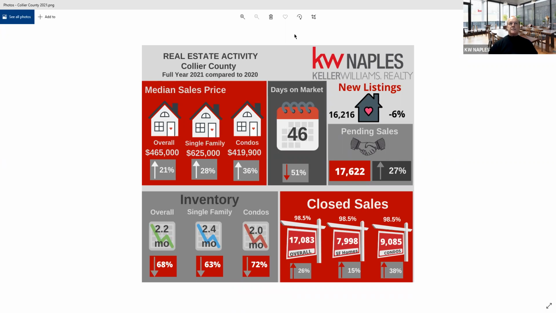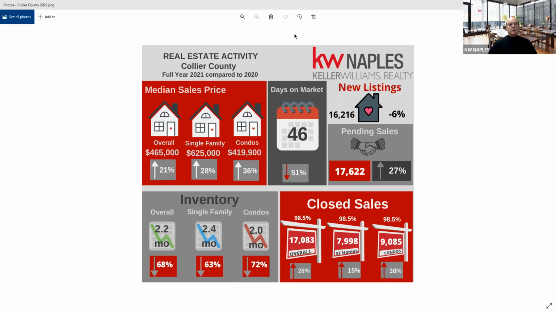So when you see prices going up like this, some of it in 2020 was probably a revaluation of Naples a little bit, because a lot of people came down here during the pandemic and realized that we had pretty good value relative to other parts of the country. And so I think you've got to acclimate people to the fact that we've had some really significant price increases over the last year.